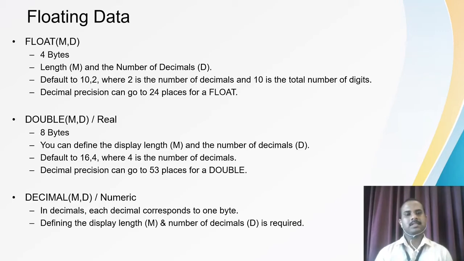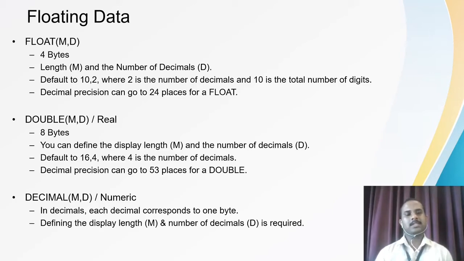Float uses 4 bytes, and M and D are optional, where M represents the length of the number and D represents the decimals. If you do not mention M and D, the default is 10, 2, where 2 is the number of decimals and 10 is the length of the number including the decimals.